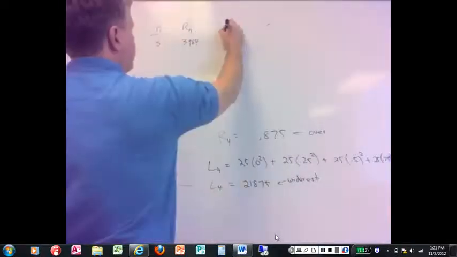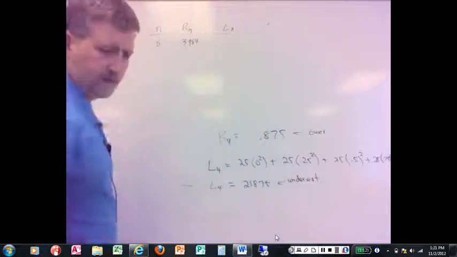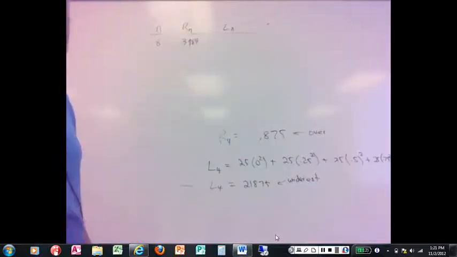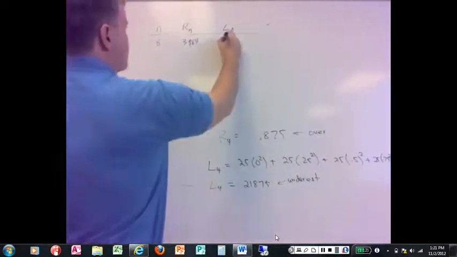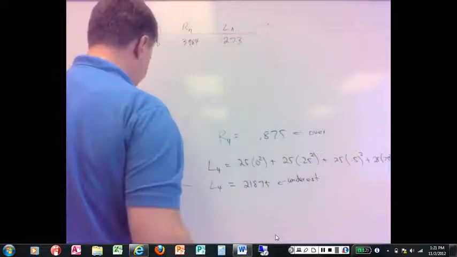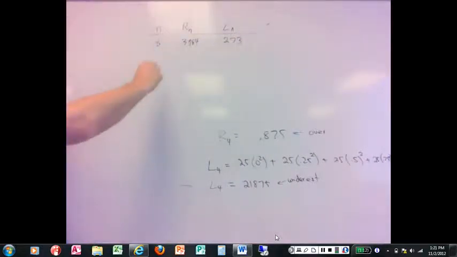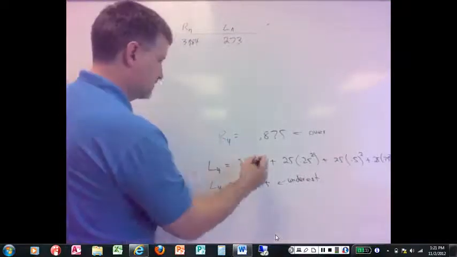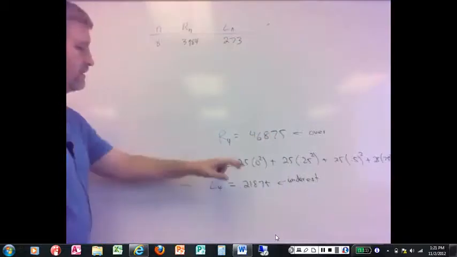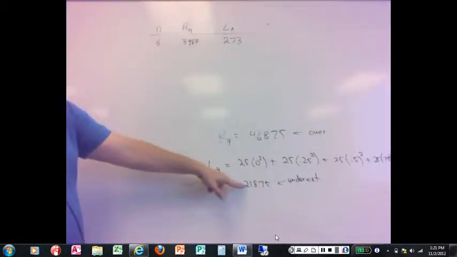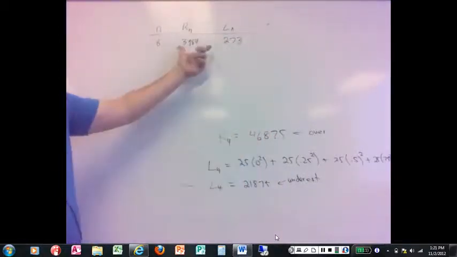L8, I'll show you why I'm doing it this way, L8 is 0.273. So with 8 rectangles, R sub 8 is 0.3984 and L sub 8 is 0.273. That represents a little better, a little smaller range, right?